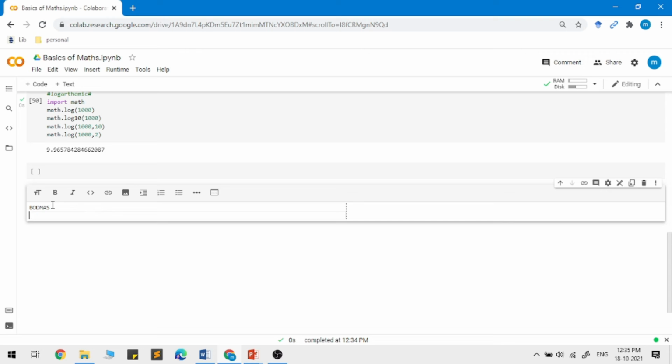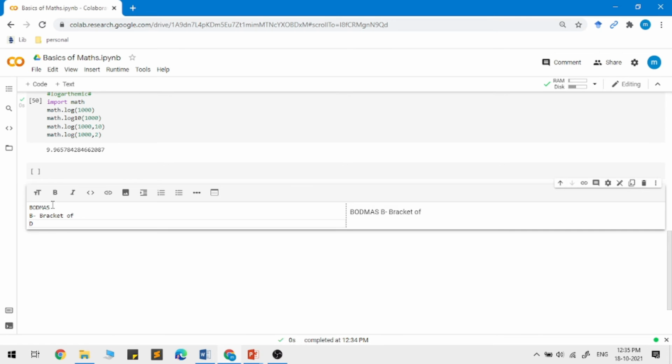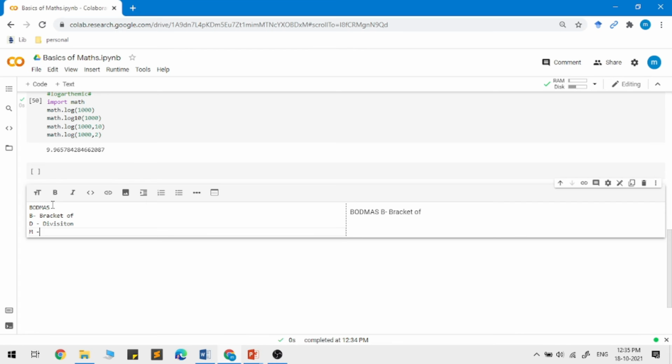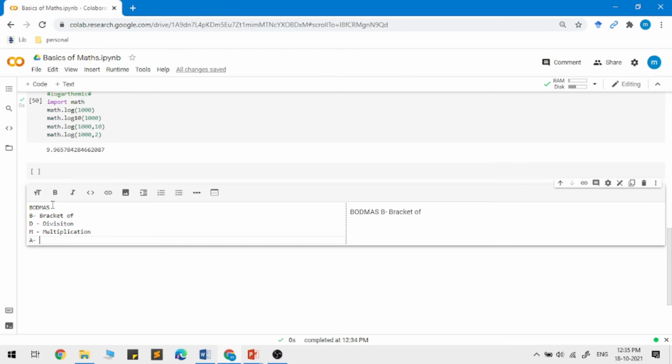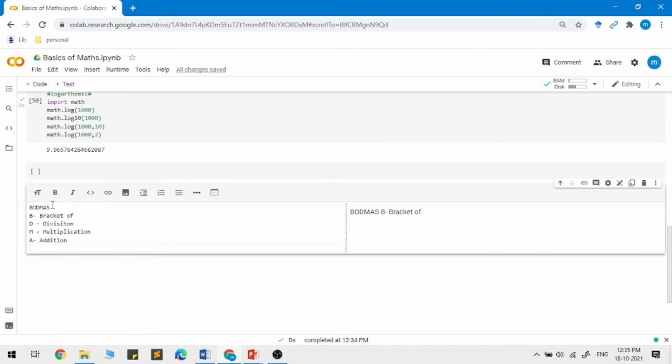In this BODMAS rule, B means bracket of, D is your division, and M is your multiplication, A is addition, and S is subtraction. Okay, these are the very basic rules which you learned in school itself.